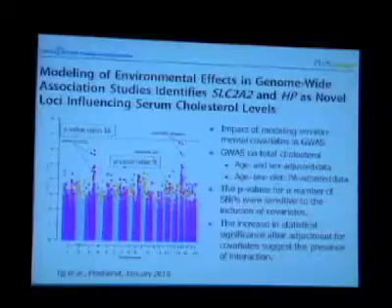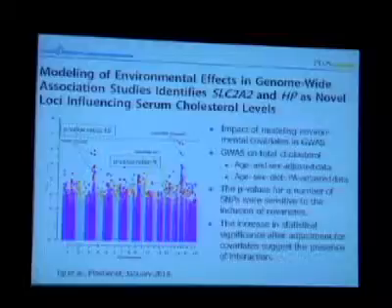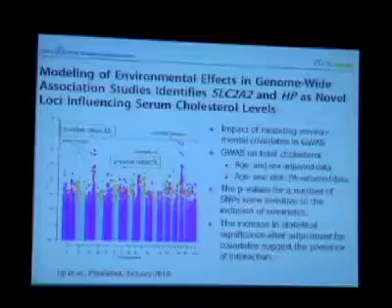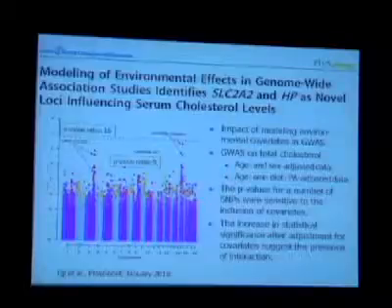And as you can see, in some cases, the adjustment increased the significance of the p-value for a number of SNPs. And in fact, they were able to discover with that approach two SNPs, one in the GLUT2 transporter, another one in the HP gene, that stand out after adjustment for this lifestyle.